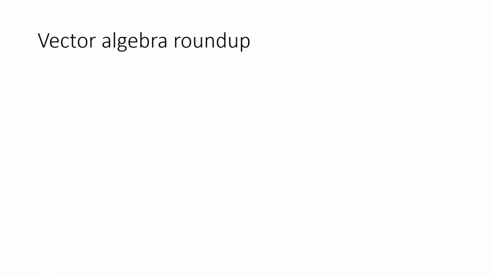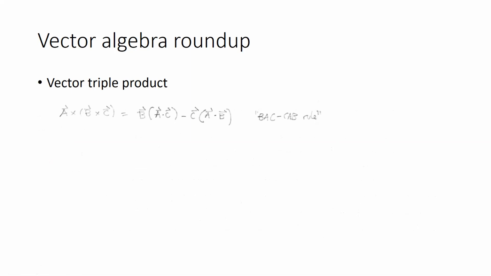And the last part of the vector algebra roundup is the vector triple product. This one doesn't have a geometric interpretation, but we will use it from time to time when we're solving problems algebraically.